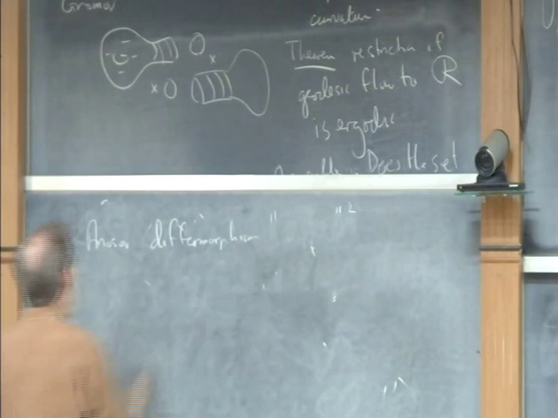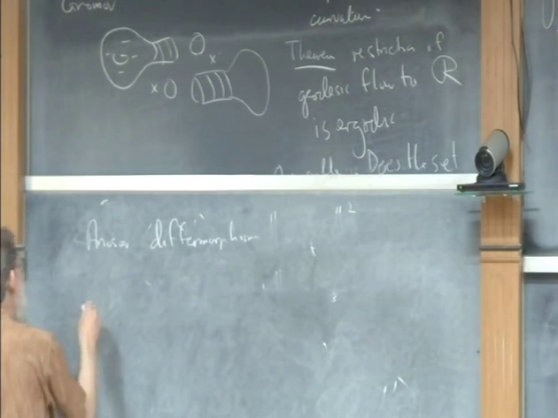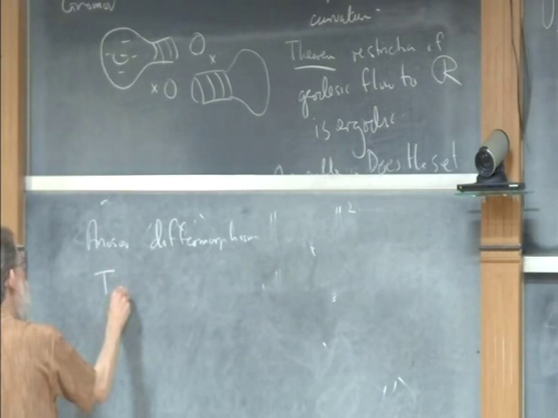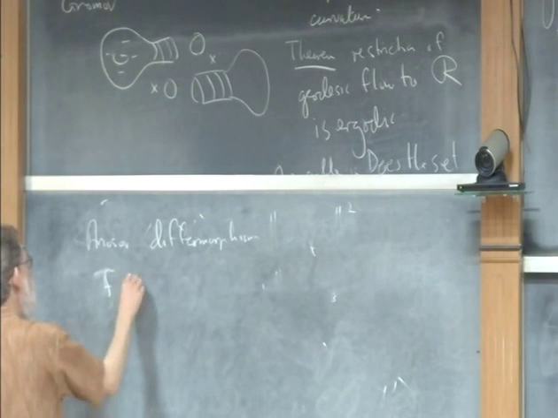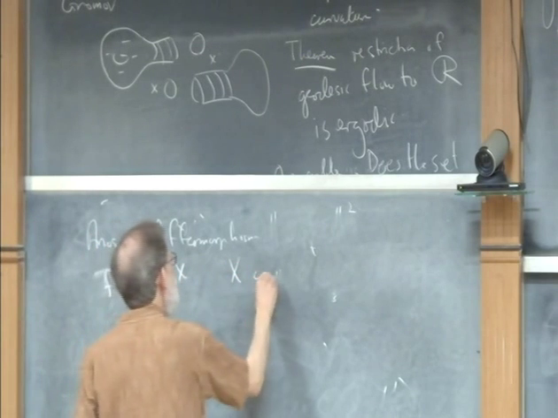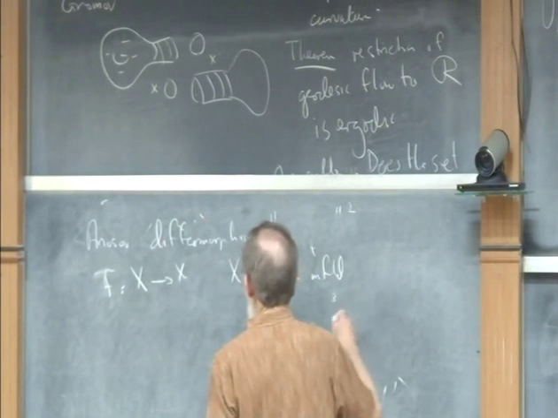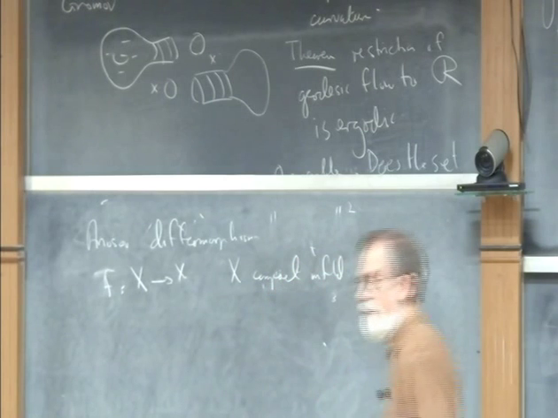So I want to have... I might try using, I'll use E from... X will be a compact manifold. F will be a diffeomorphism.